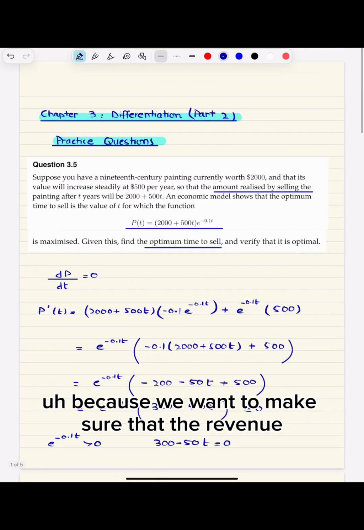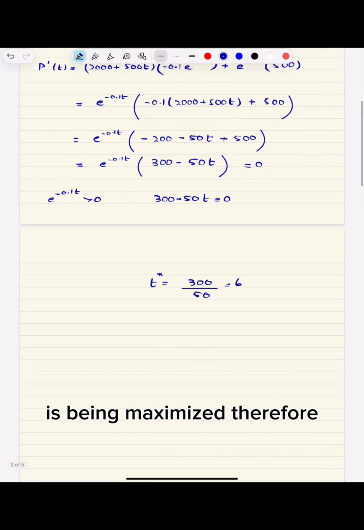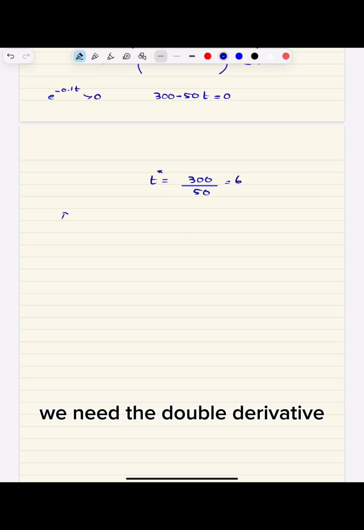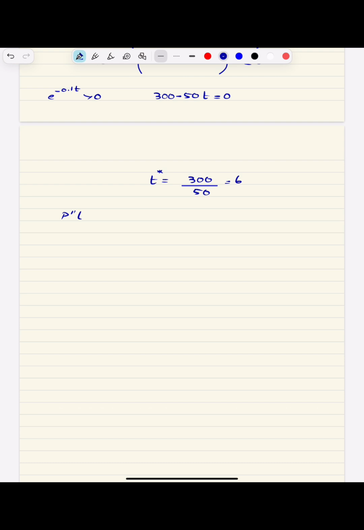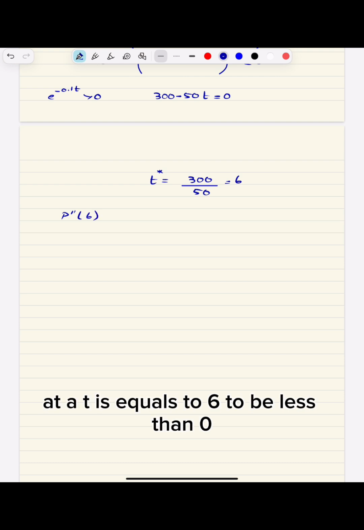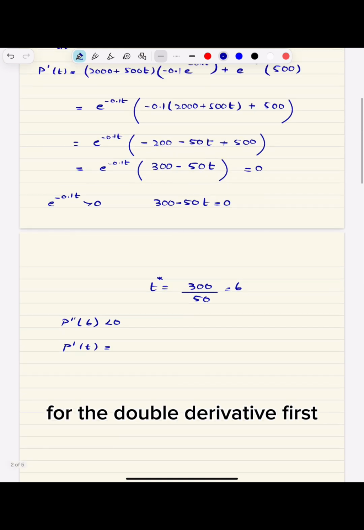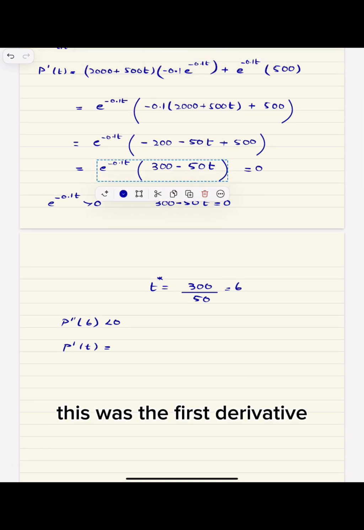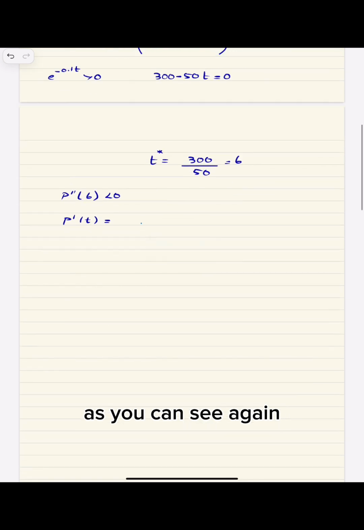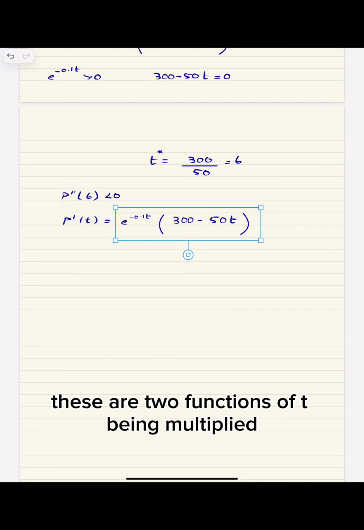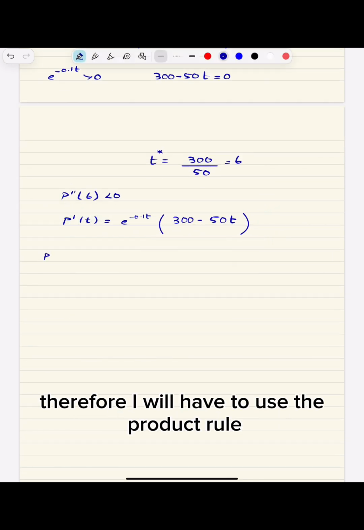Because we want to make sure that the revenue is being maximized, we need the double derivative at t equals 6 to be less than 0. So we'll have to find the expression for the double derivative first. This was the first derivative. As you can see, again, these are two functions of t being multiplied. Therefore, I will have to use the product rule.